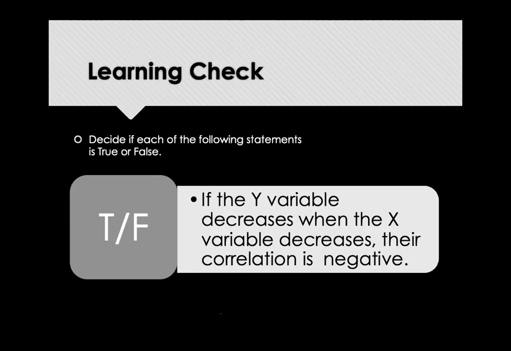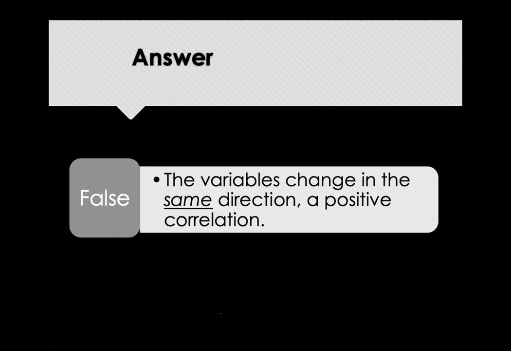Like I mentioned at the beginning of the lecture, when each variable decreases together, it may sound like a negative relationship because y variable decreases and x variable decreases. But remember, when the variables change in the same direction, whether that direction is positive or negative, that indicates a positive relationship or positive correlation.